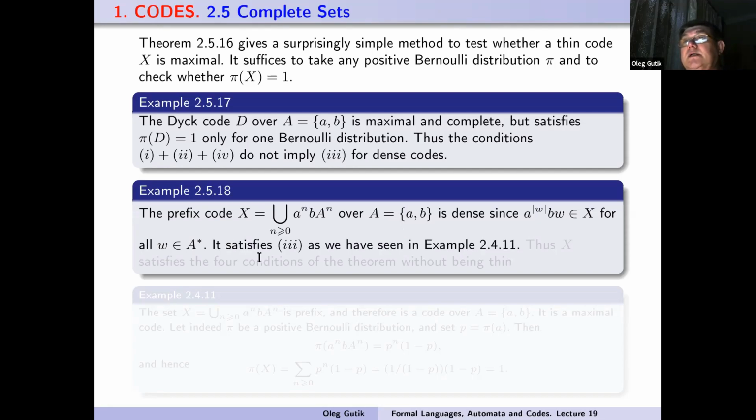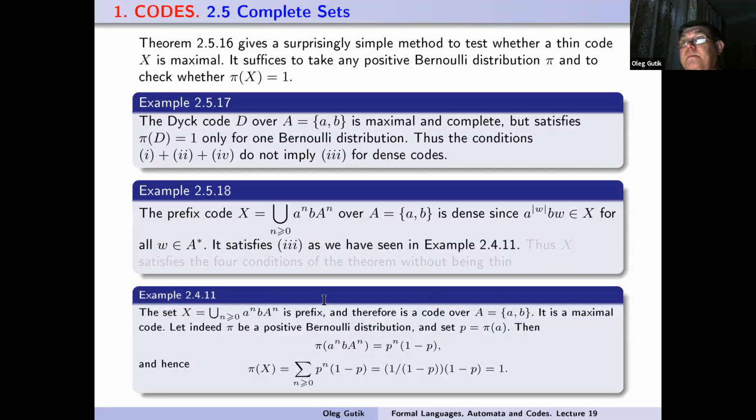It satisfies condition 3, as we have seen in example 2.4.11. We showed that in the previous lecture. Thus it satisfies the 4 conditions of the theorem without being thin.